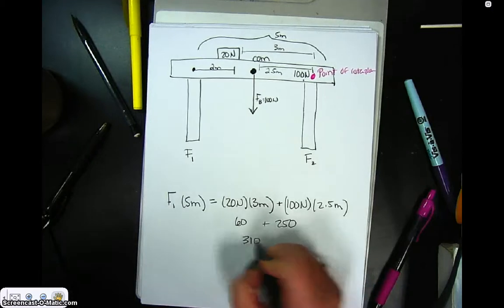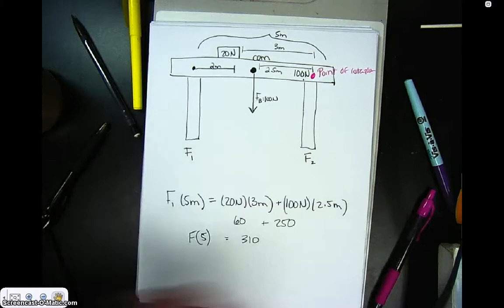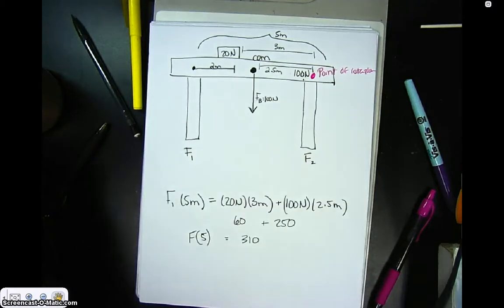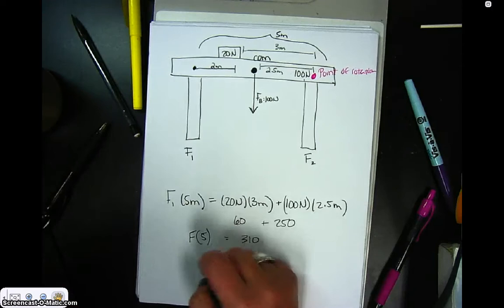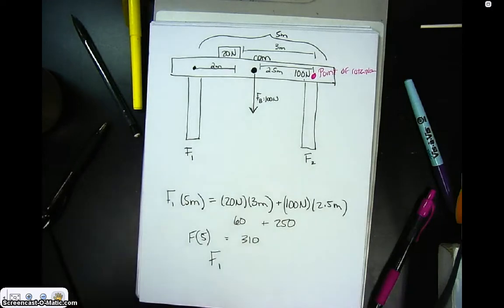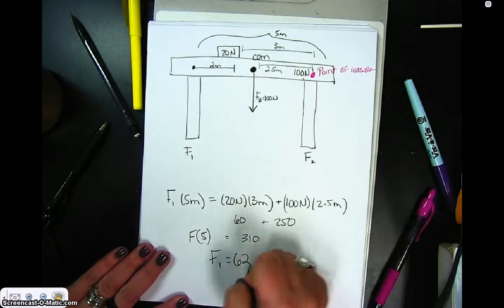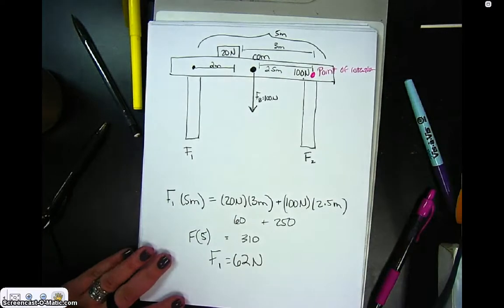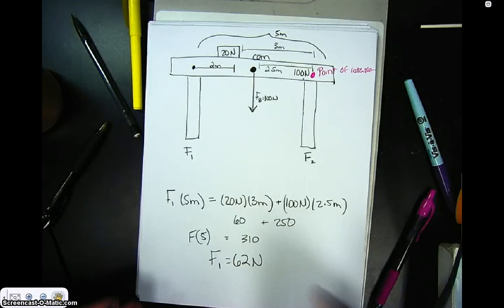So we get 310 is equal to F times 5 meters. Let me pull up my calculator here really quick. 310 divided by 5 is 62. So the force that the first leg is exerting upward to keep this table from crashing down would be 62 newtons.